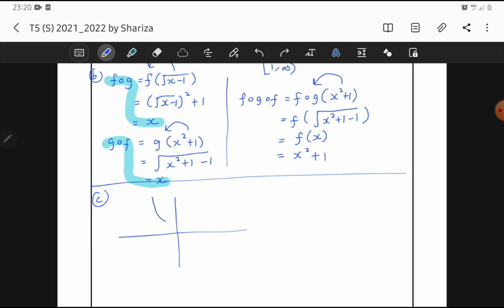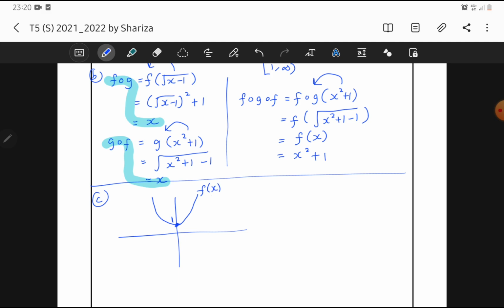Maksudnya dia macam ni. So, this is 1. Kalau sebelum ni, minimum dia dekat 0, 0 origin kan. So, for this one, we shift the graph 1 unit up. Okay, so, this is your f(x). You need to label f(x).